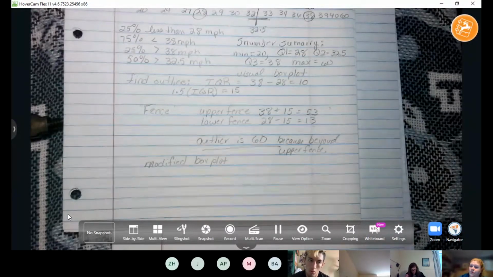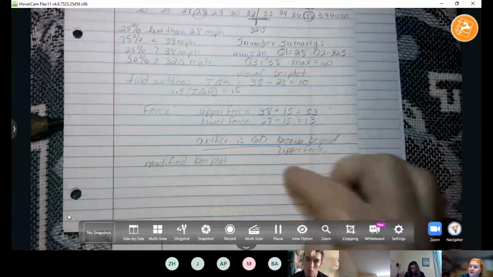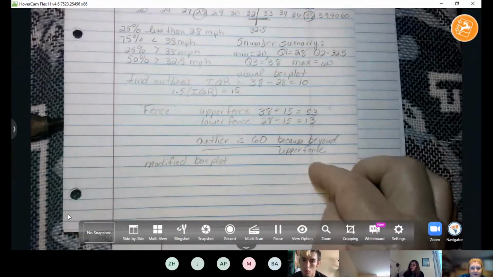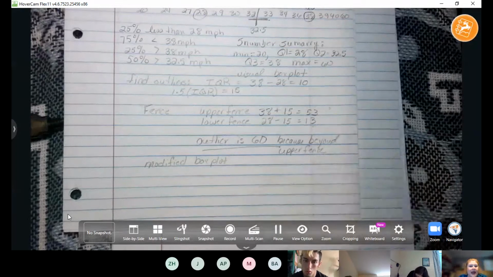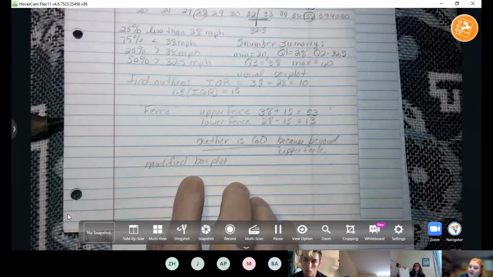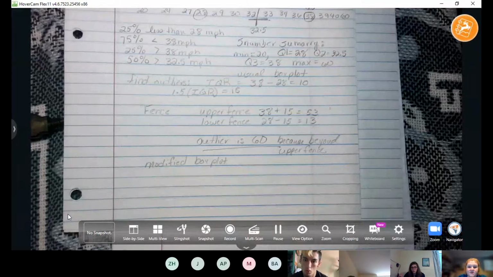So it doesn't draw the whisker all the way out to the data value of 60. It stops where the fence is and then uses an asterisk for wherever the outliers are. That's the difference between a modified box plot and a regular box plot when you're creating those.